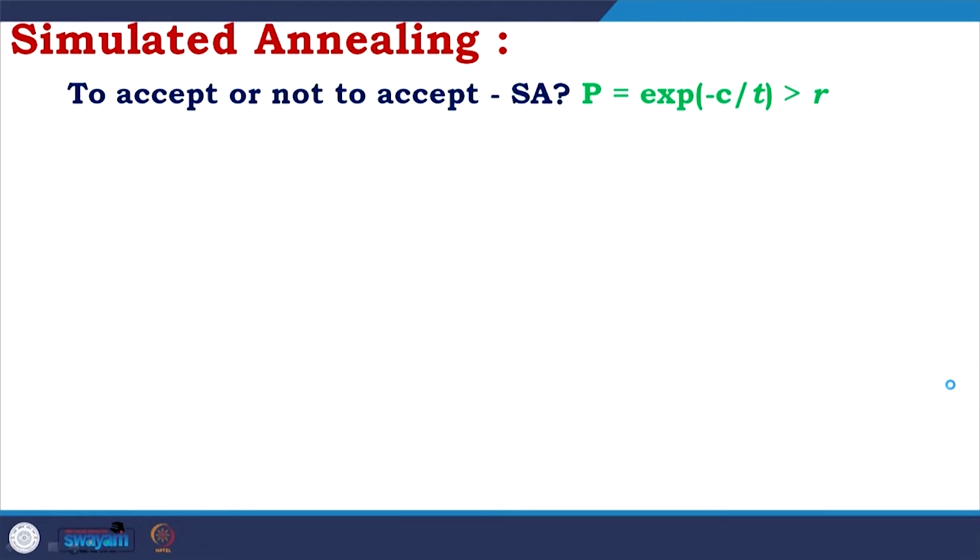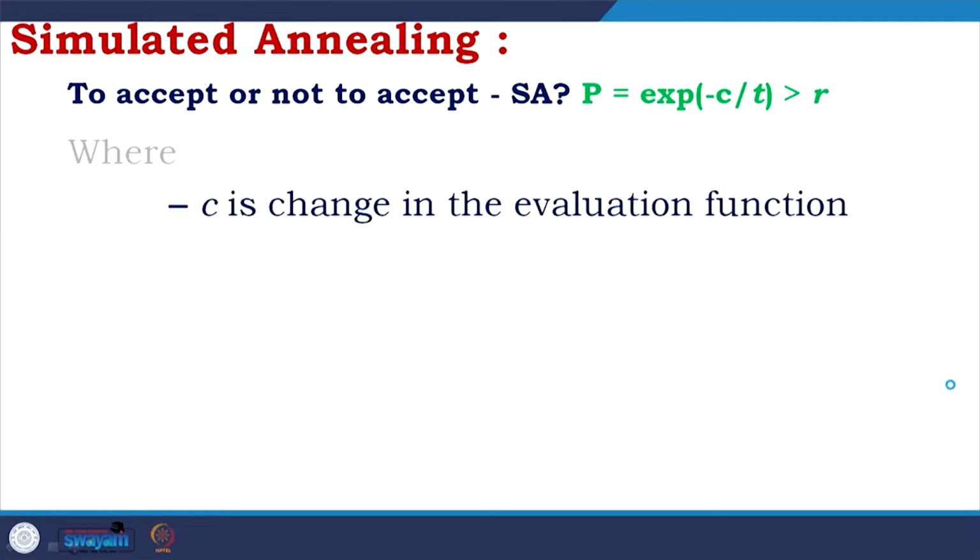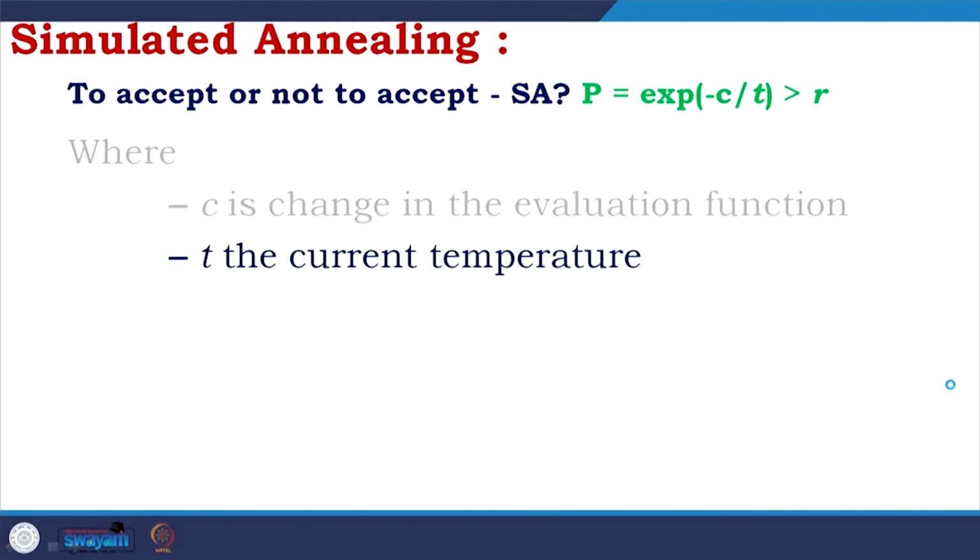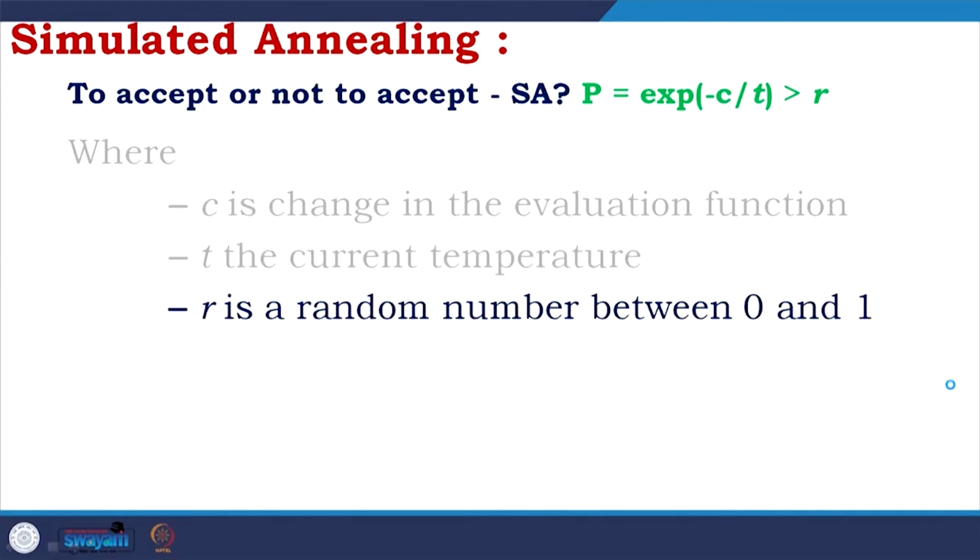So, as I told, to accept or not to accept in simulated annealing, the condition is probability equal to exponential of minus C by T greater than R, where C is the change in the evaluation function, T is the current temperature, and R is a random number between 0 and 1.